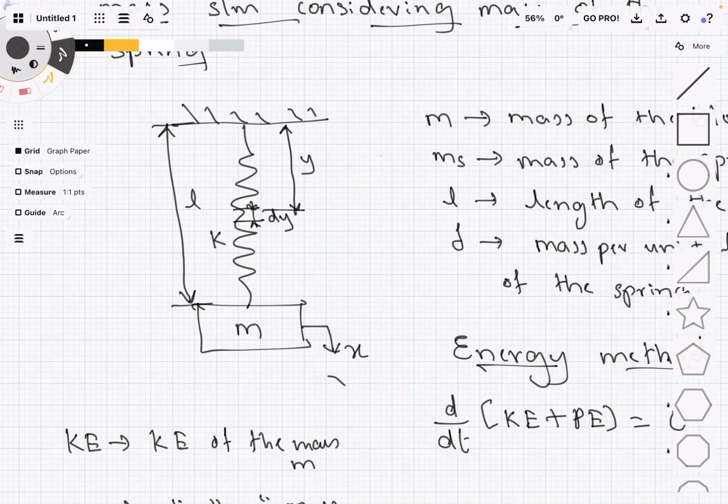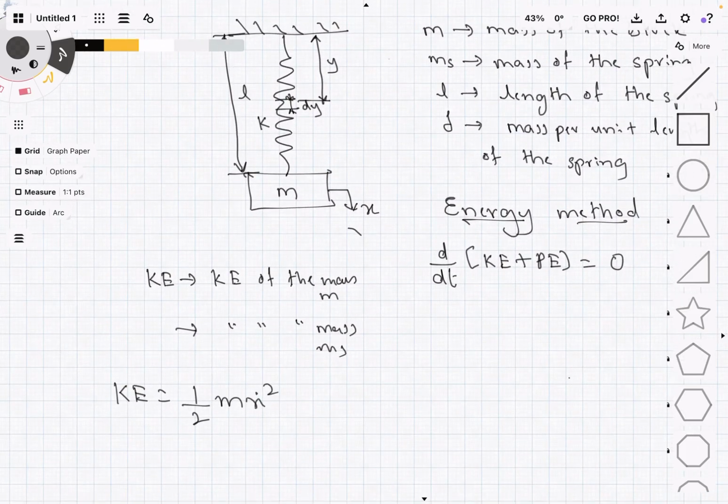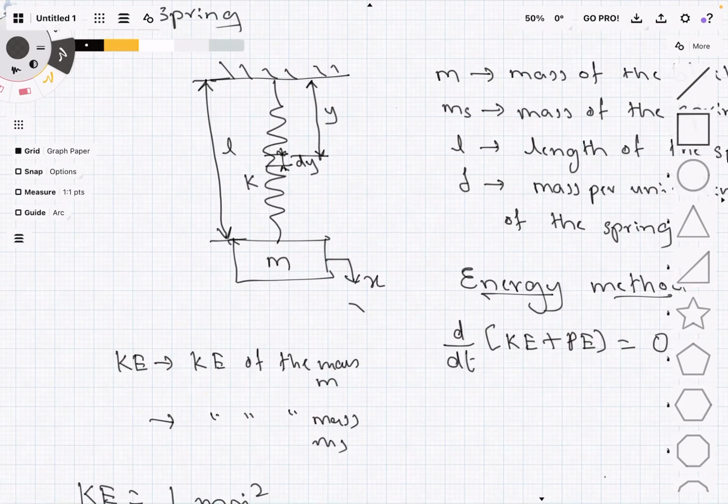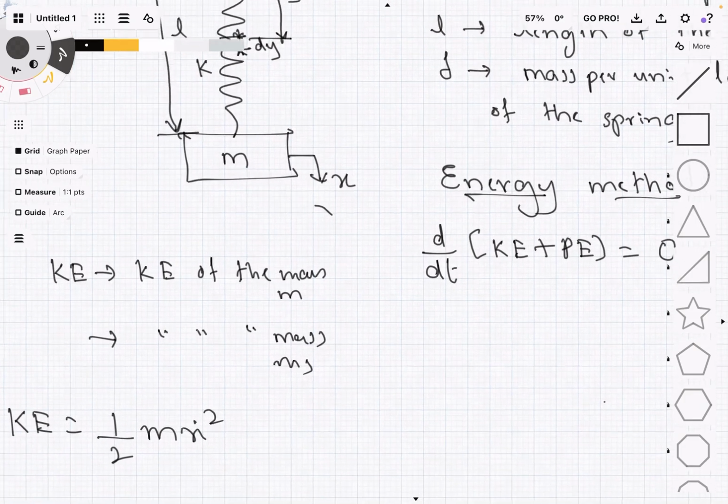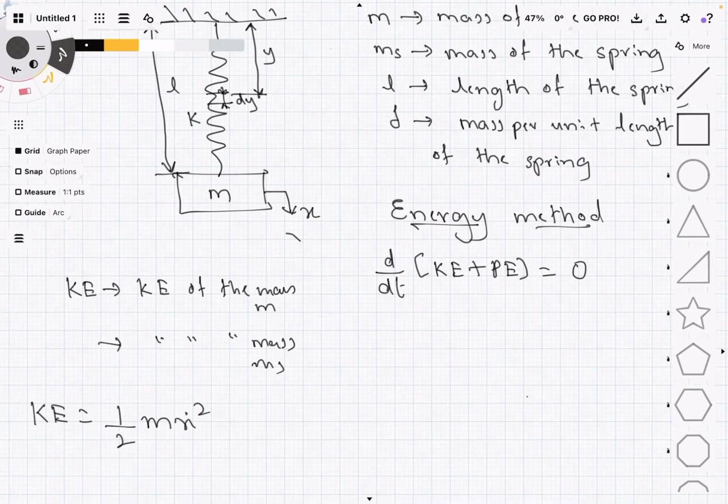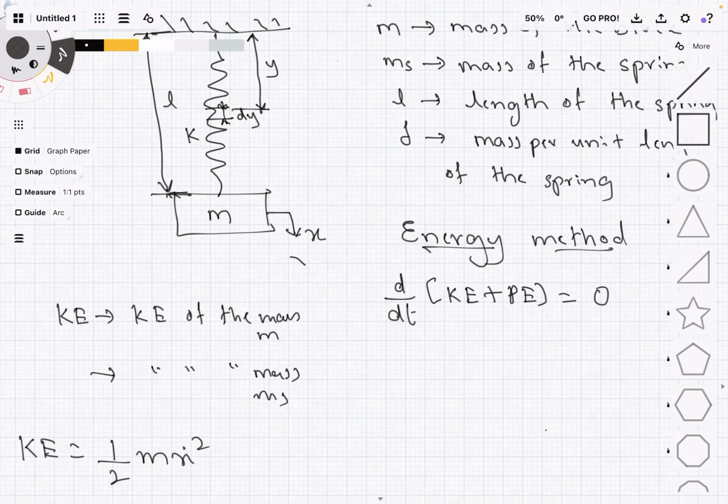So what is the formula for kinetic energy? It is half into m into velocity square. So I need to find out the velocity of this small element, then I'll be integrating it to get the value for the whole system. For that, first I'll be writing a linear equation. At the distance L, we have a velocity x dot.